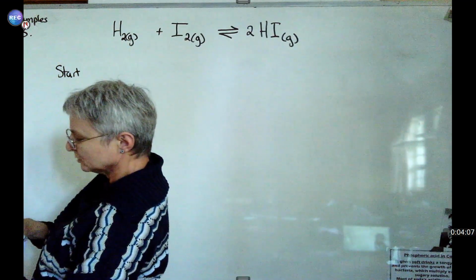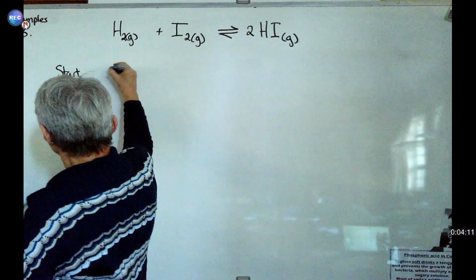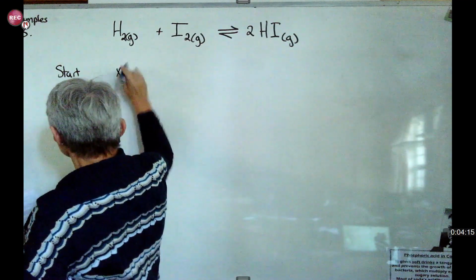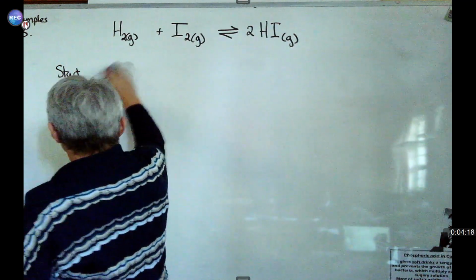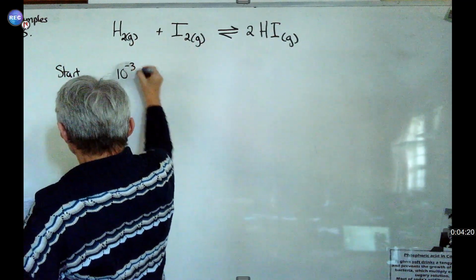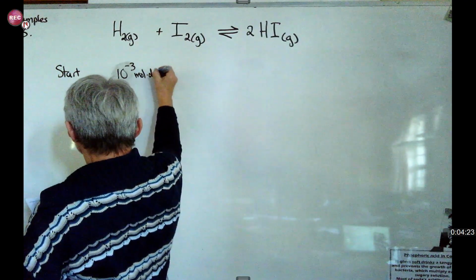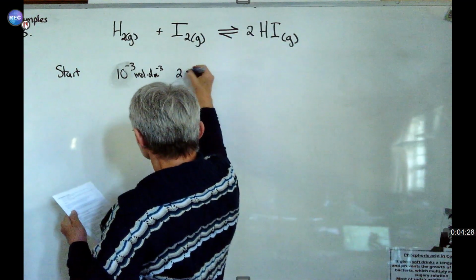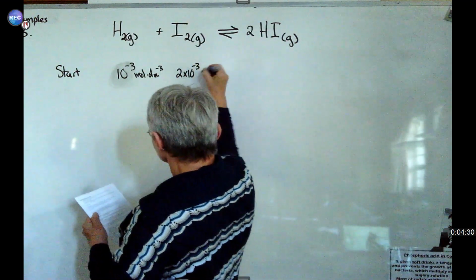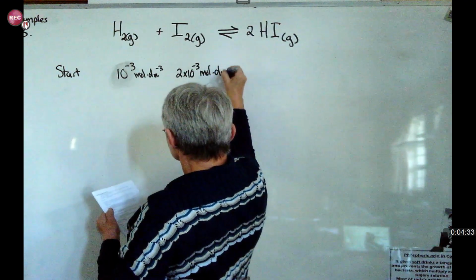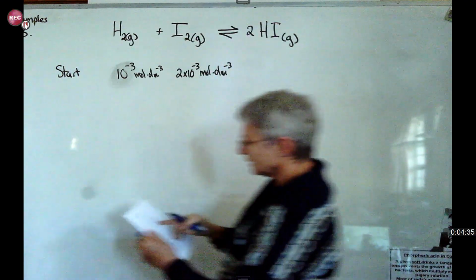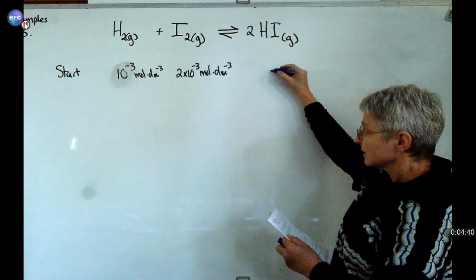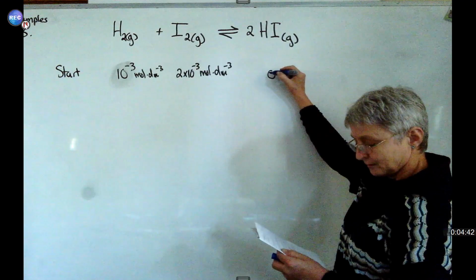They give it in concentrations, so I can write 1 times 10 to the minus 3 mole per cubic decimeter of hydrogen, and 2 times 10 to the minus 3 mole per cubic decimeter of iodine. How much hydrogen iodide will we start off with? Nothing.